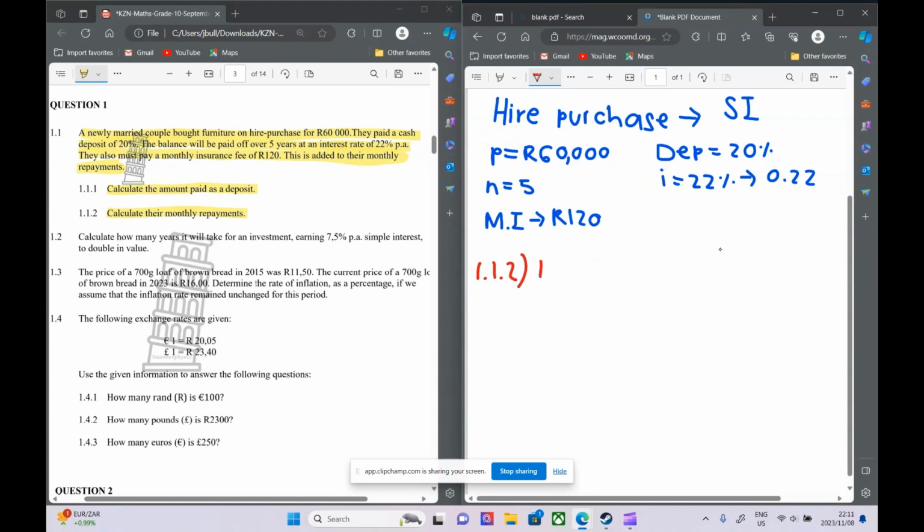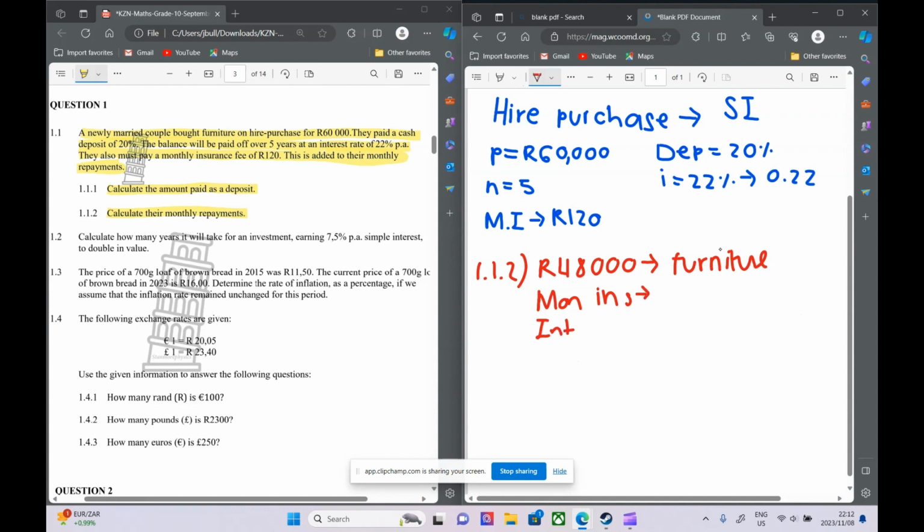So they have to pay 48,000 Rand. That's the cost of the furniture that they still owe. Then they also need to pay their monthly insurance, and they also need to pay interest. The monthly insurance we can work out quite quickly.